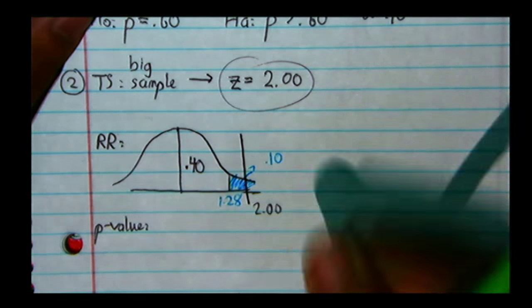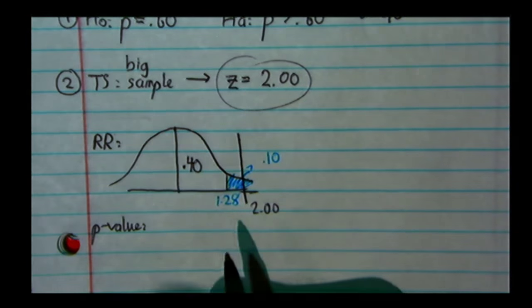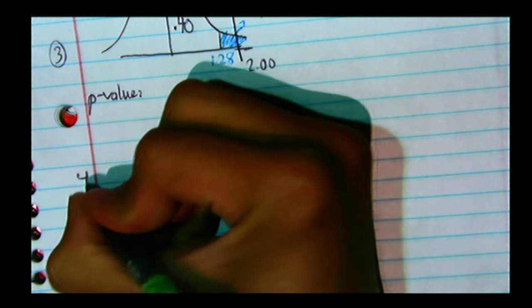A good trick is to line up a pencil or something to find what you need. 0. We fall in the rejection region. Our conclusion rejects H0.